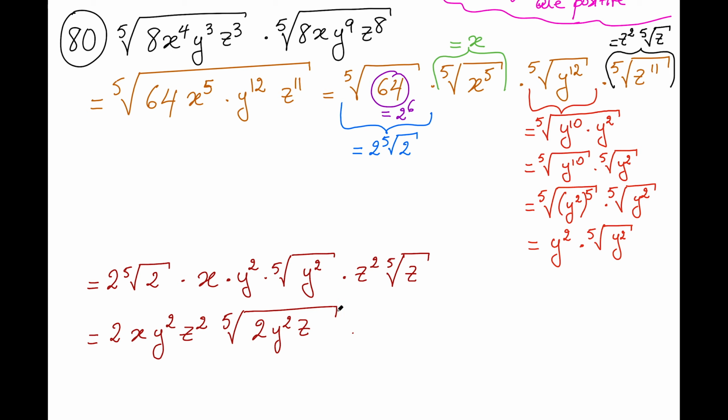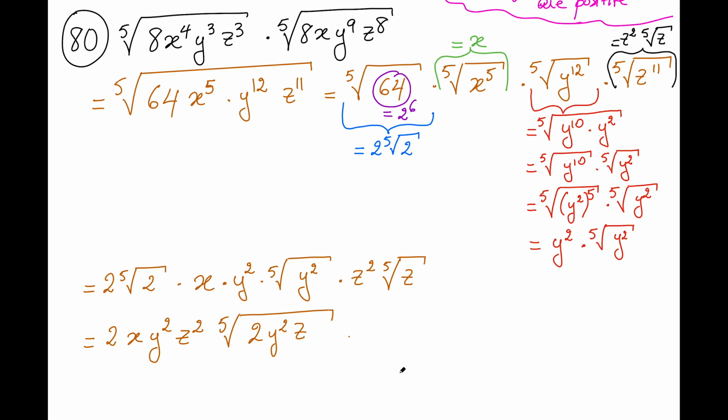Okay, and this is simplified because none of these entities, 2, y squared, and z, have a factor which is a perfect fifth power, other than 1, obviously. Okay. So finally, since we've been doing the same thing over and over to simplify a radical expression, how about we abstract the process?